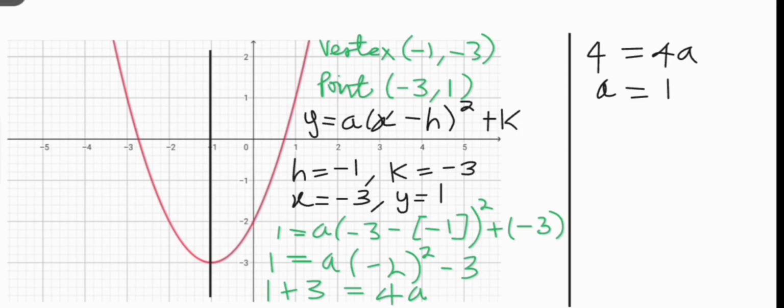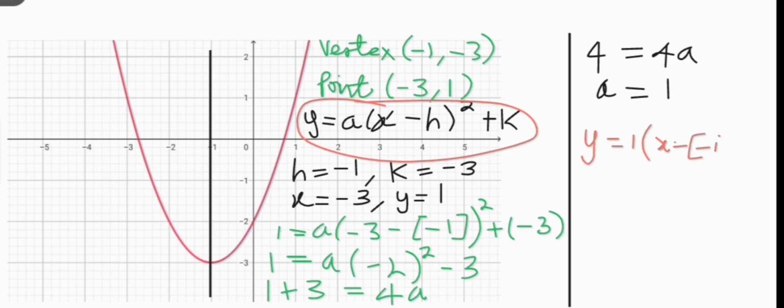Having obtained the leading coefficient, we substitute back into the vertex form in order to get the equation of the parabola. So bringing the values back, with y and x as the variables, we have y or f of x equal to 1 times x minus h, which is -1, all squared, plus k, and k happens to be -3, so -3.